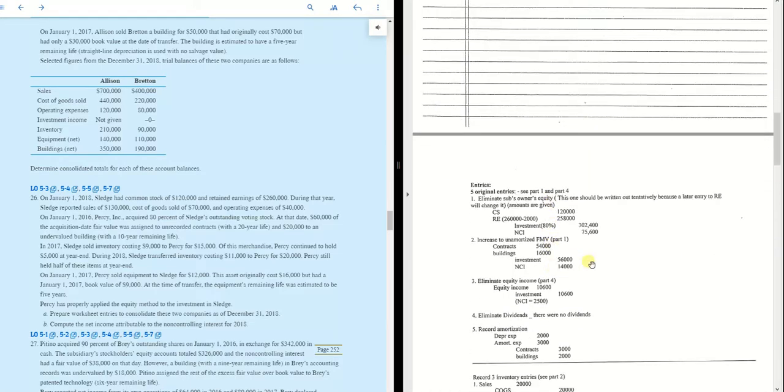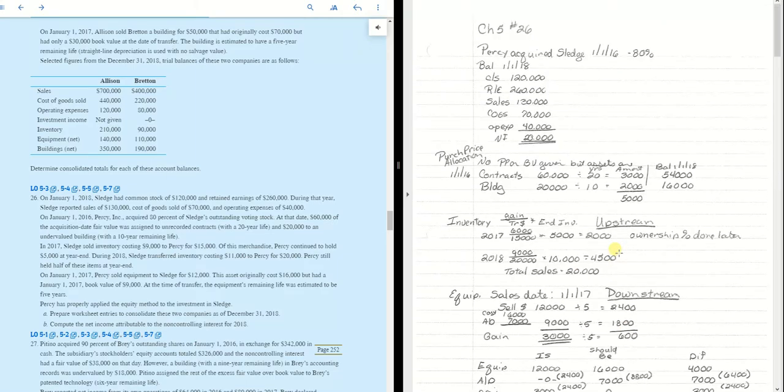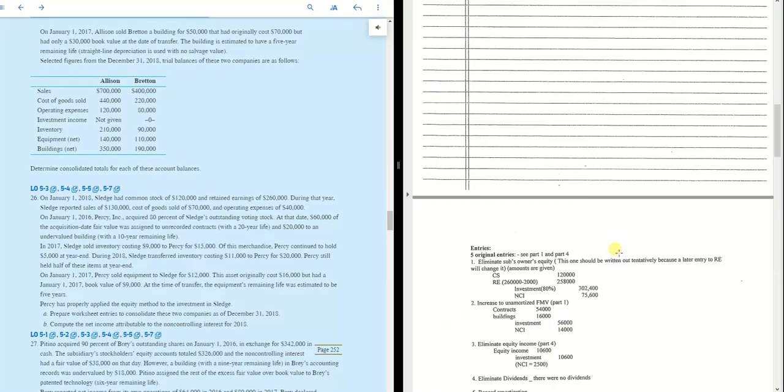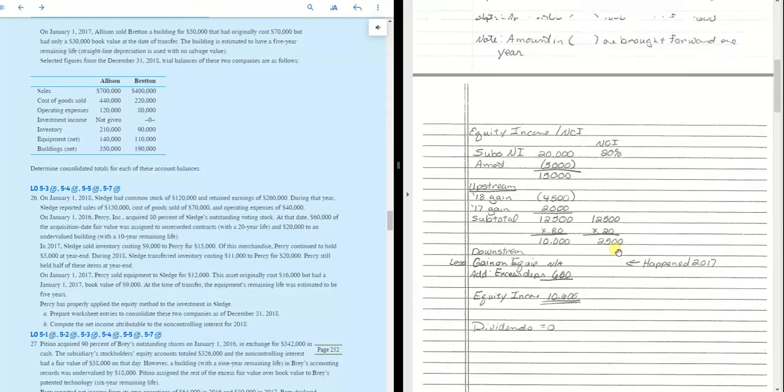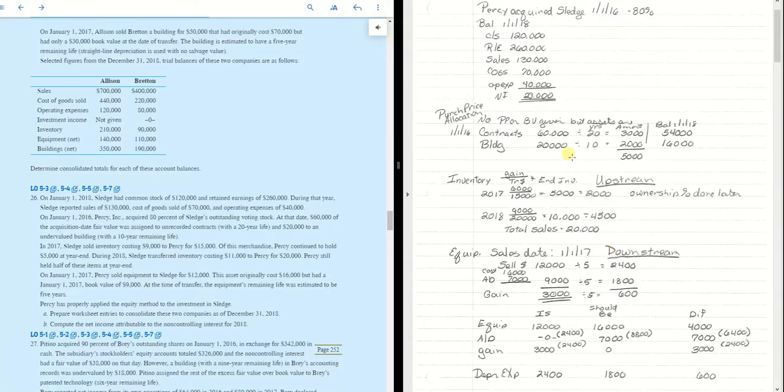So, the first thing I do is I eliminate the sub's owner's equity. Okay. Go back to here. These are my balances on 1/1/18. Okay. So they're giving me the 1/1/18 balances.